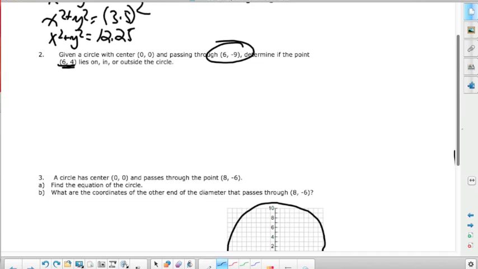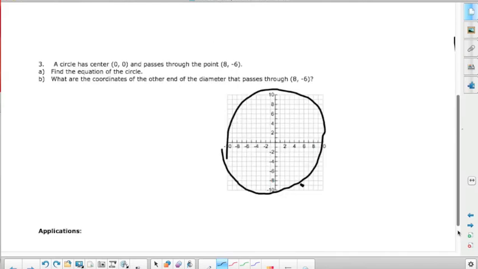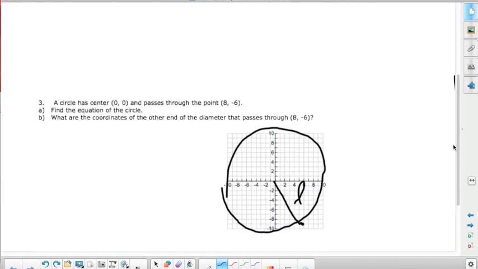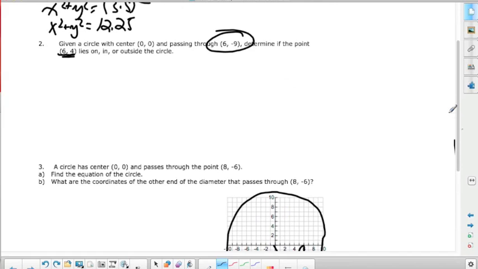If I go back to our diagram, that radius is right here, right? We need the length of this. So can we just apply the length formula? Right, so the radius is really the square root of x2 minus x1 squared plus y2 minus y1 squared.